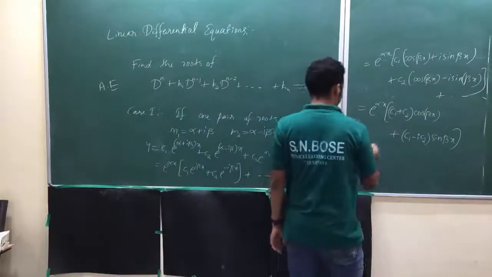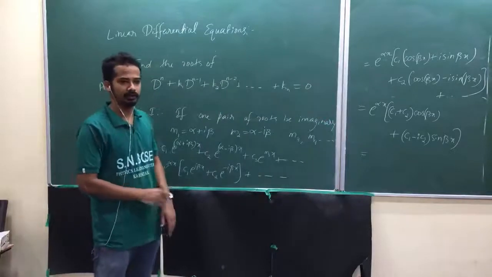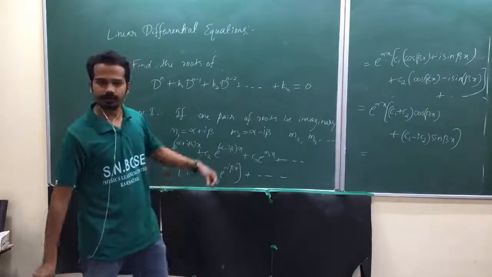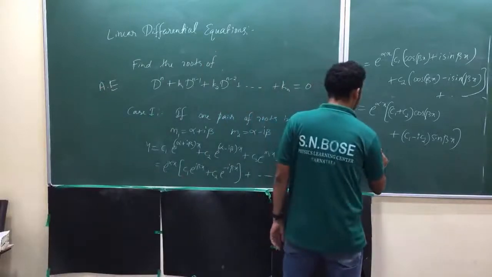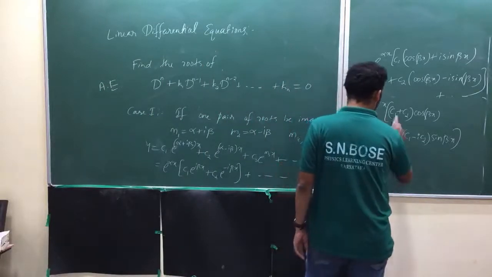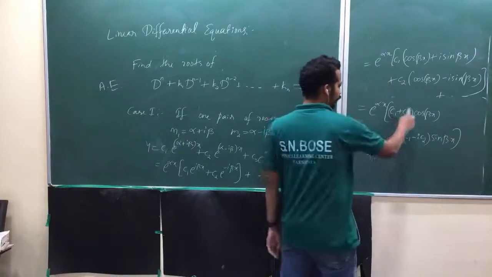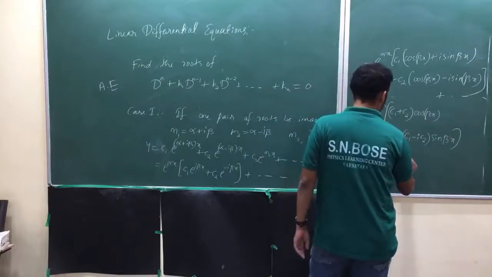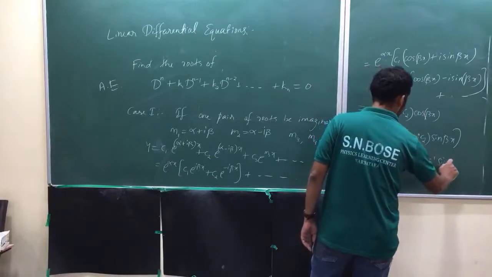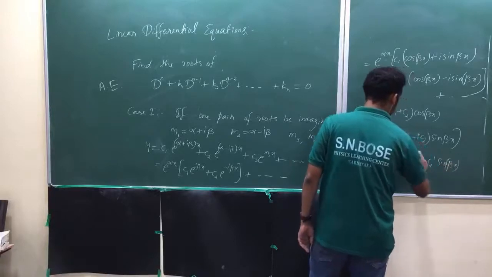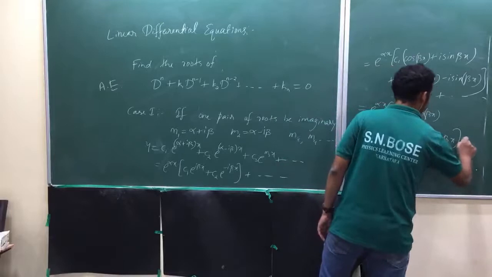Now this c1, c2, c3, those should be fixed by initial condition or boundary condition. So that is why you can keep that one as some other constant, you can evaluate that one later. e power alpha x, I will call c1 plus c2 as c1 dash, cos beta x plus c2 dash sin beta x plus and so on.